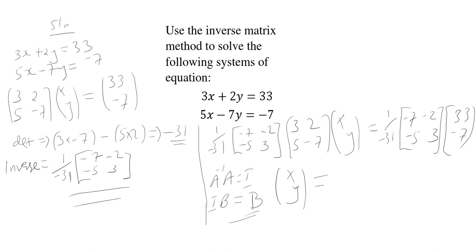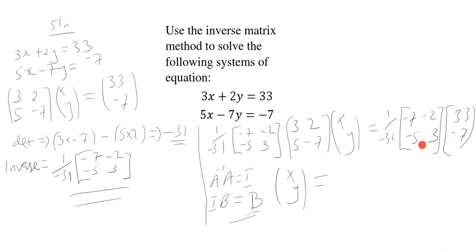So matrix multiplication, you multiply every row of the first matrix with every column of the second matrix. The second matrix has one column, so we shall have to multiply negative 7 times 33 plus negative 2 times negative 7.